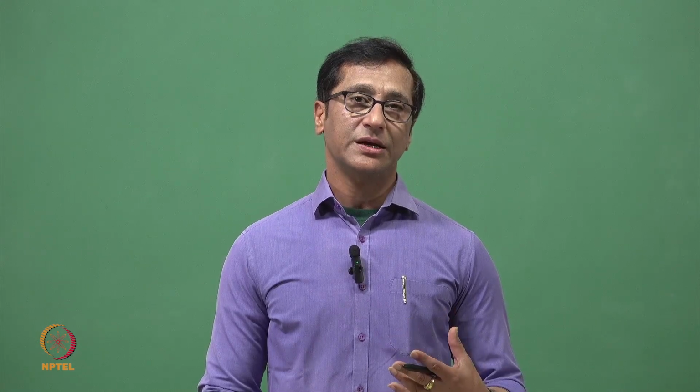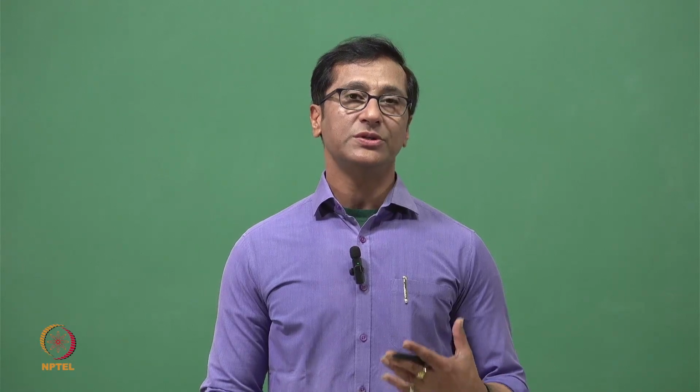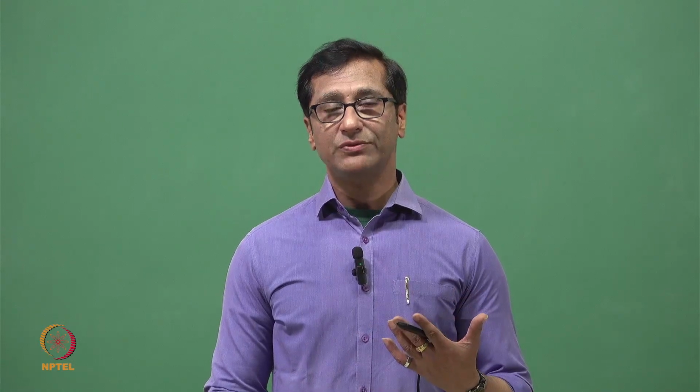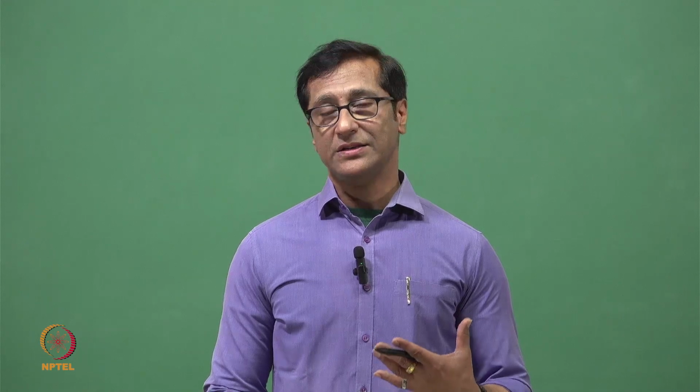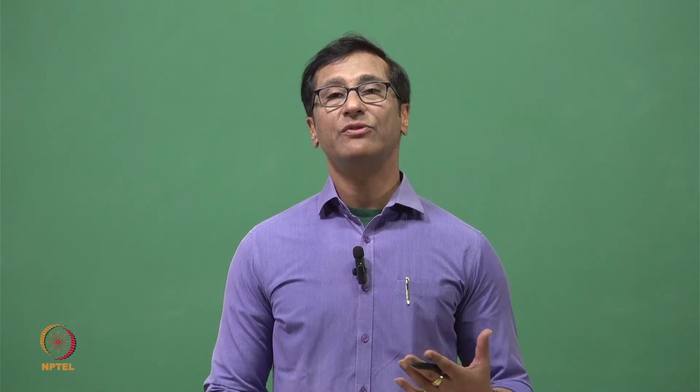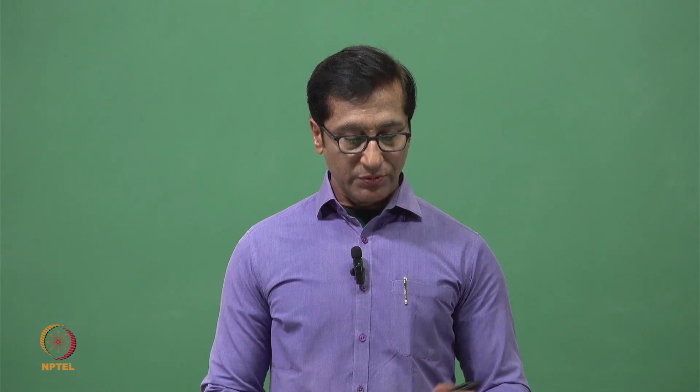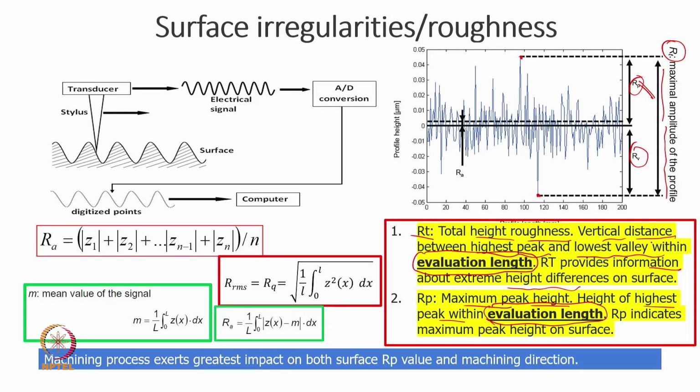Instead of one sample, we need to take a greater number of samples. So particularly when we go for surface roughness, we take 5 samples and average the value. Suppose, as they have written here, 0 to 200 is the evaluation length, then I have to choose a sampling length which may be much lesser than this.